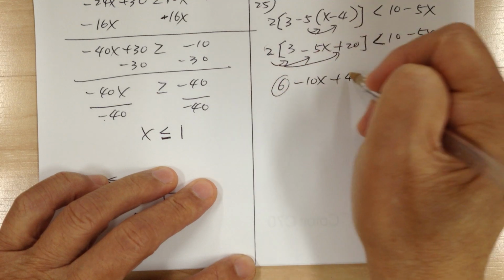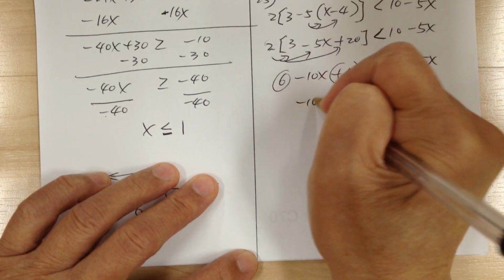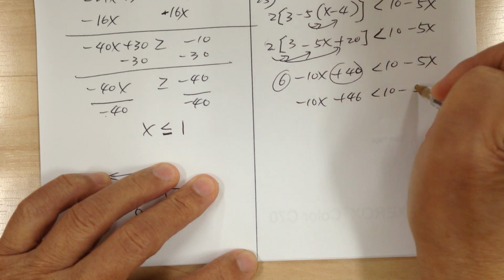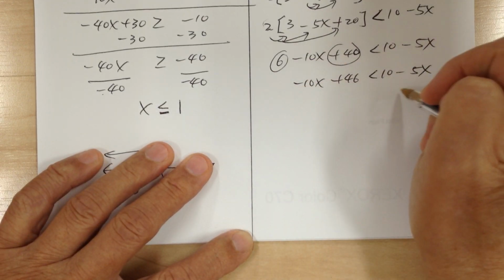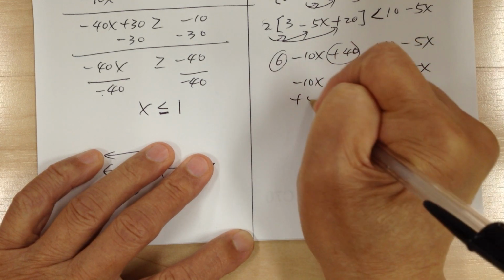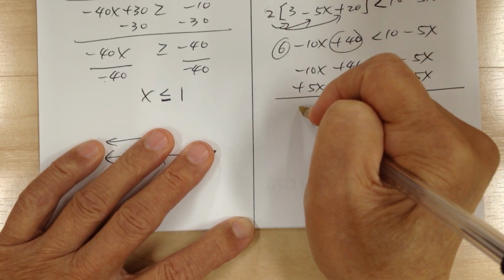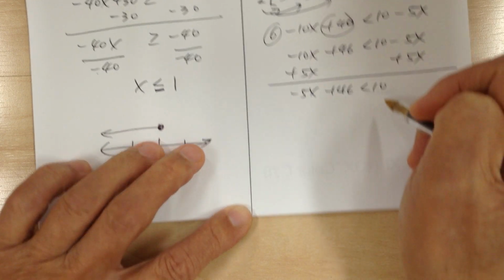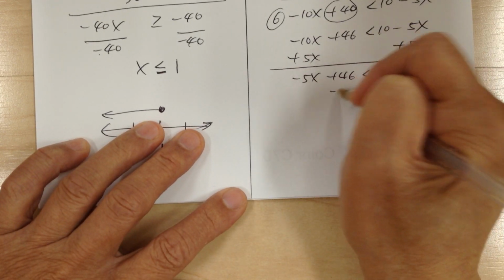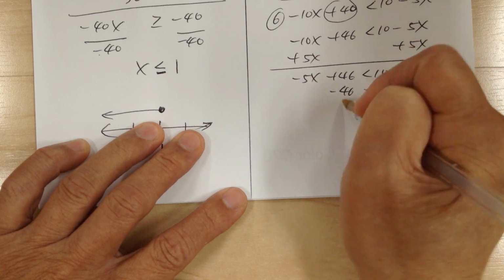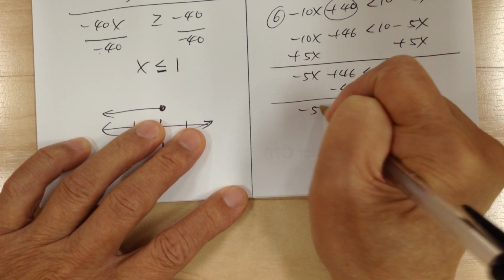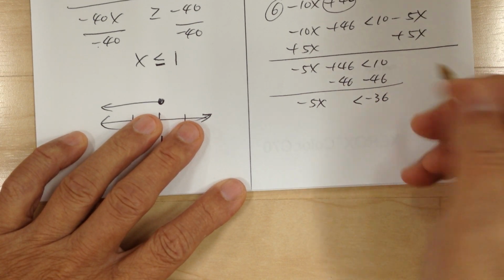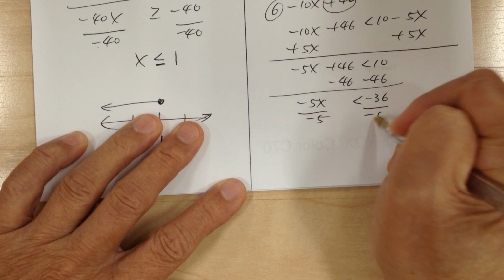And let's go and consolidate like terms a little bit. Then move the variable to the left hand side, move the number to the right hand side. Okay. And then divide by -5, divide by -5.